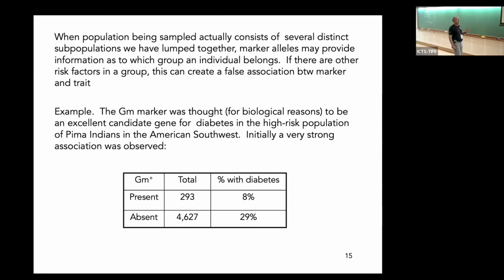Until people said, wait a minute now, the GM haplotype is rare in full heritage Pima, but it's common in the Caucasian population. Maybe what you're picking up here are admixed individuals that have some Caucasian ancestry in addition to Pima ancestry.